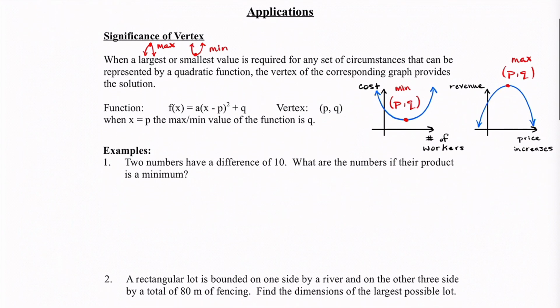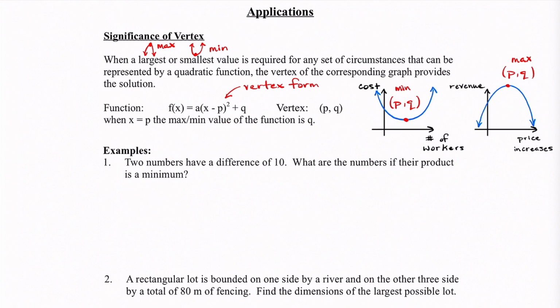Our function that we were looking at before, f of x equals a times (x minus p) squared plus q, that was just our vertex form. And that's what gave us the vertex, right? That's why it was useful, because the p and the q gave us the vertex. It says when x is equal to p, the max or min value is going to be at q.